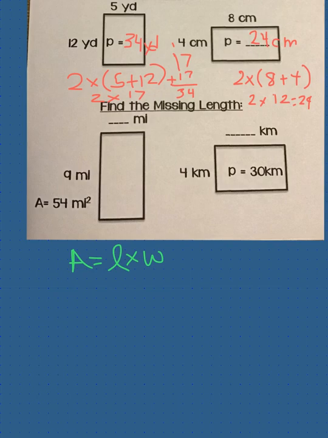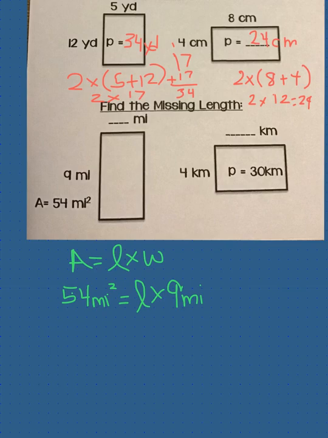So I'm going to write that right under the A, okay? 54 miles squared equals, and I'm going to plug in anything else I know. I don't know my length, so I'm going to leave the L for that. And I do know my width. My width is 9 miles. So I just plugged in everything that I know.